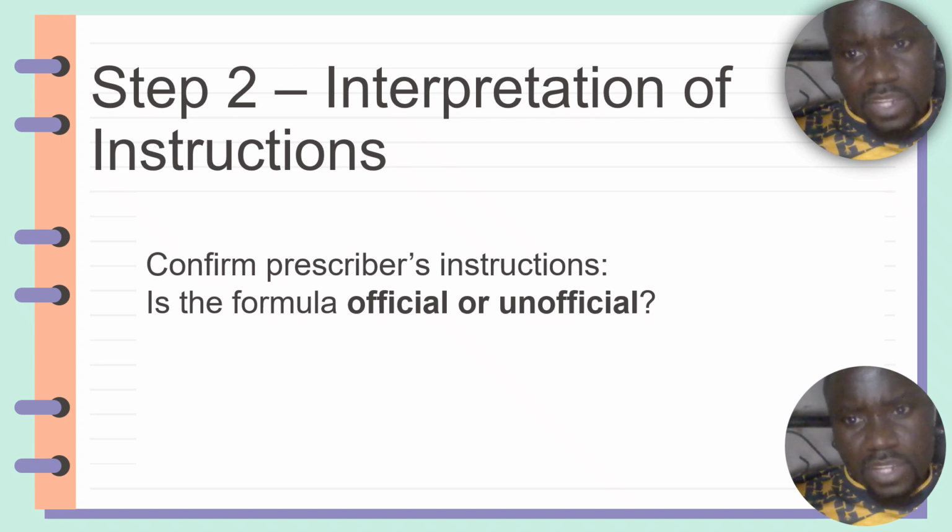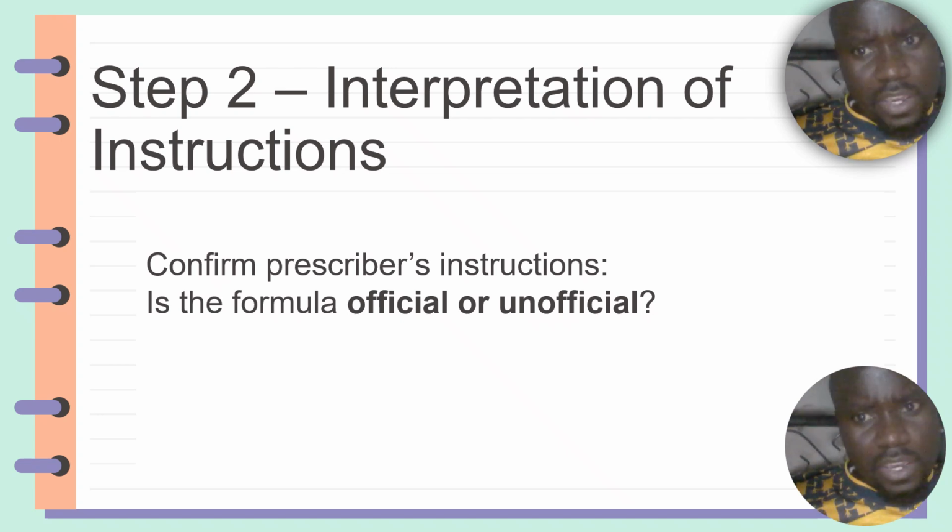Is it something that is in official documents that we use for compounding, like the pharmacopoeia or the pharmaceutical codex? If it is not there, then it means it's an unofficial product. And so in the labeling, there are implications.